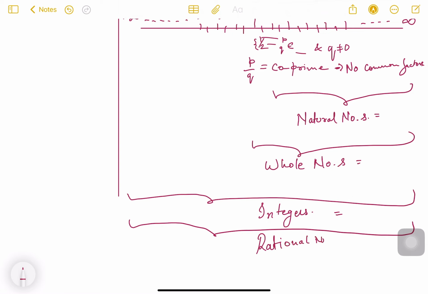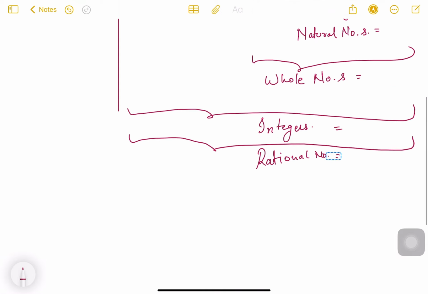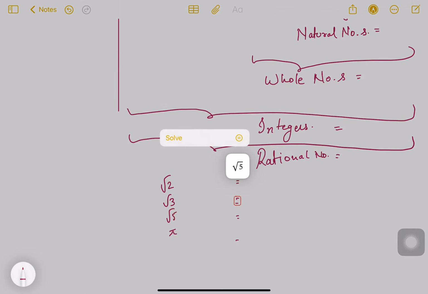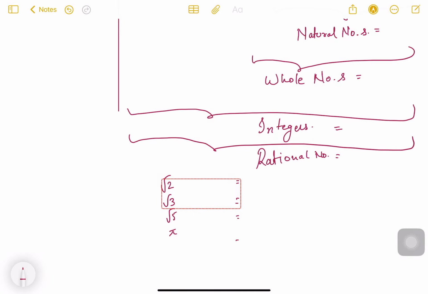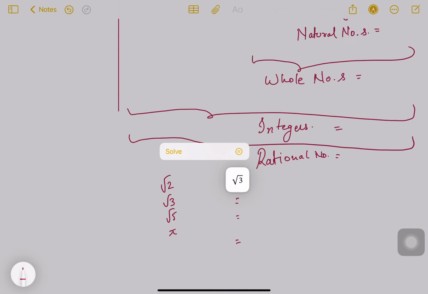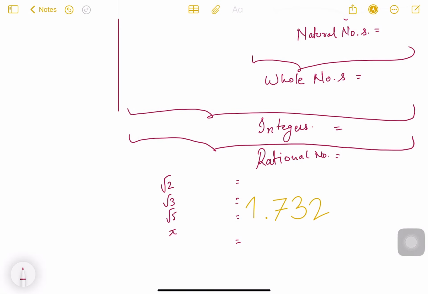When we talk further, there are numbers such as root 2, root 3, root 5 for that matter, pi. These numbers just keep on going. They don't have a finite value. Since they don't have any finite value, they are irrational.